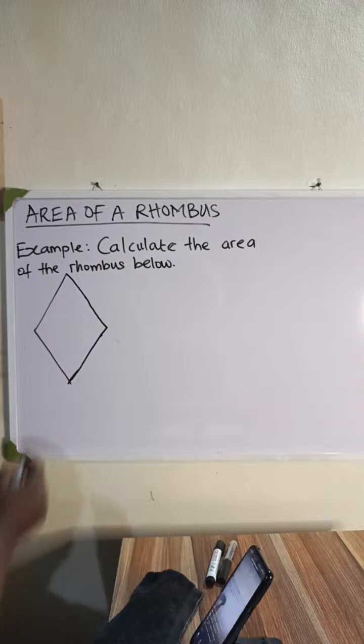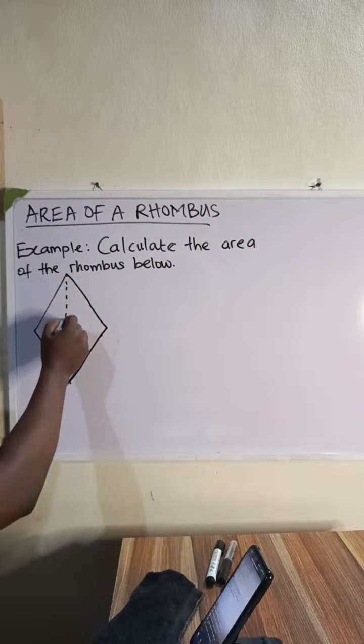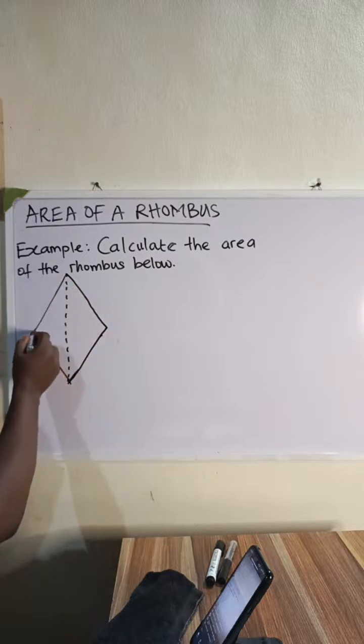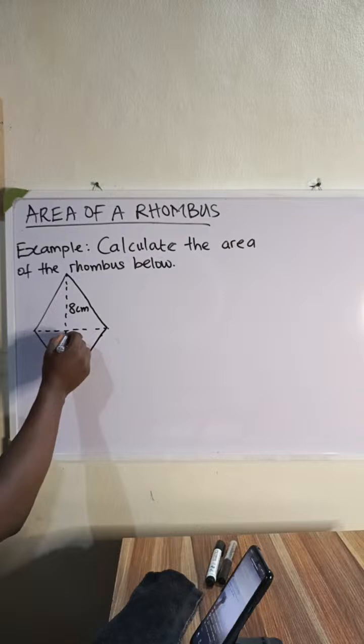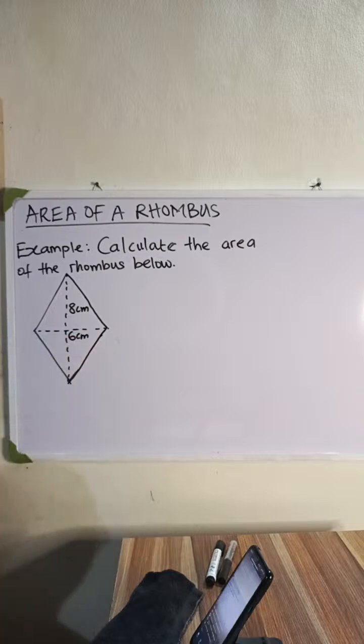Okay, so this diagonal is 8 centimeter, and this is 6 centimeter. So in this question, the longer diagonal is 8 centimeter, while the shorter diagonal is 6 centimeter.